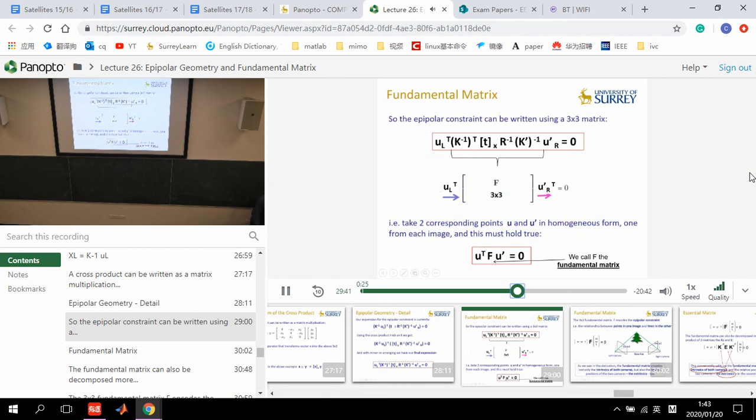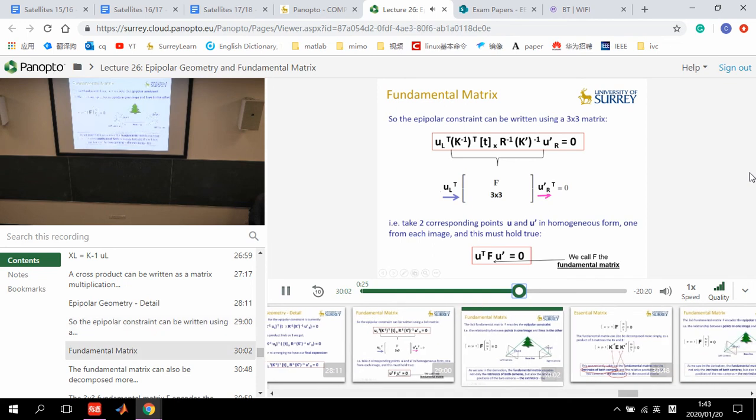Sorry, I was just saying that you can see here that the UL is transposed, but the U for the right camera is not, and for some reason I put a transpose there, so please remove the transpose there. And you can see on the bottom line there's no transpose there. Okay, so U transpose F, and then U for the other camera is 0. So maybe this slide is clearer.